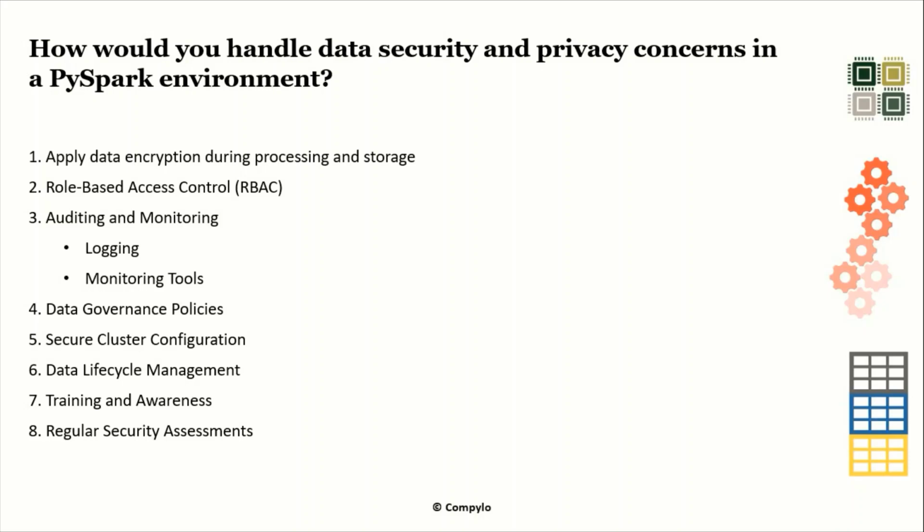Moreover, we can classify data based on sensitivity like public, internal, confidential to enforce appropriate security measures. We can ensure compliance with relevant regulations like GDPR, implementing data protection measures, and documenting data handling processes.